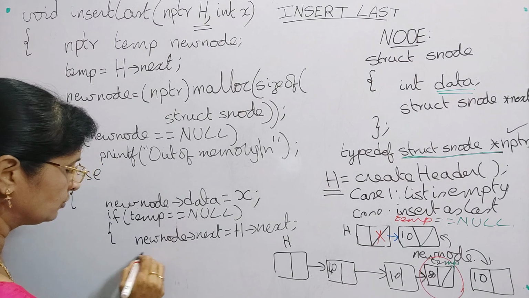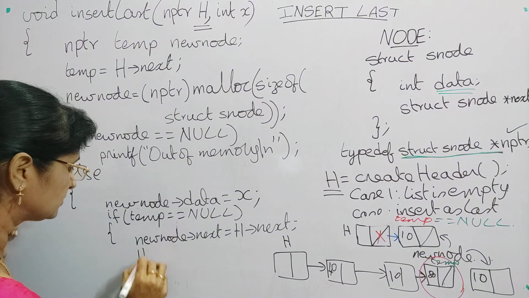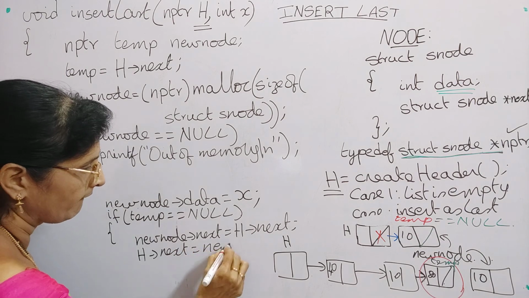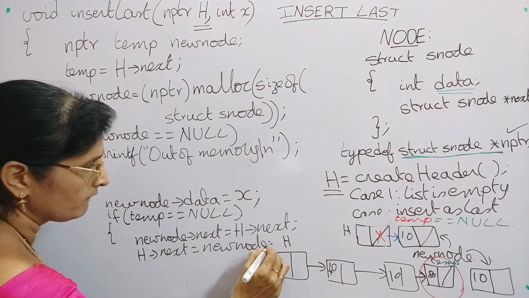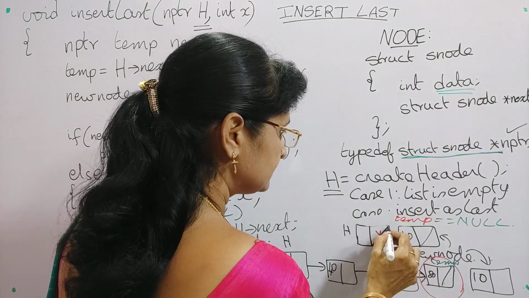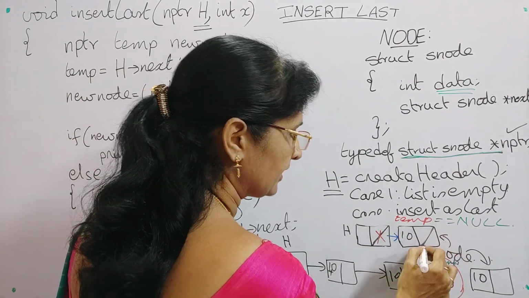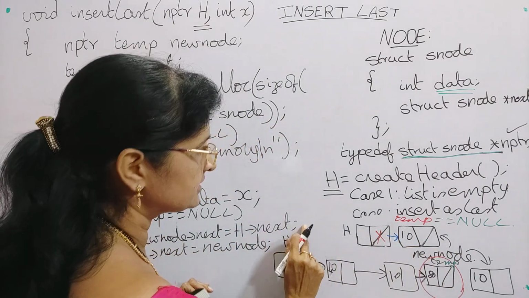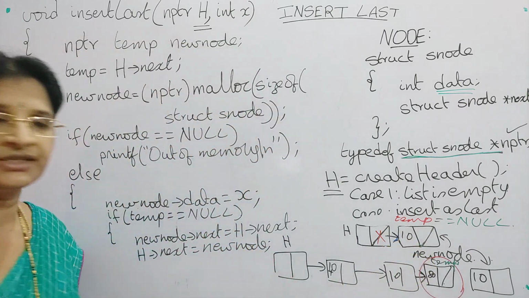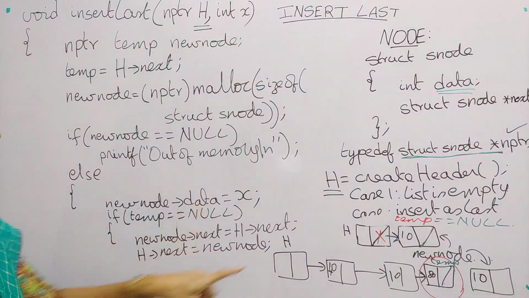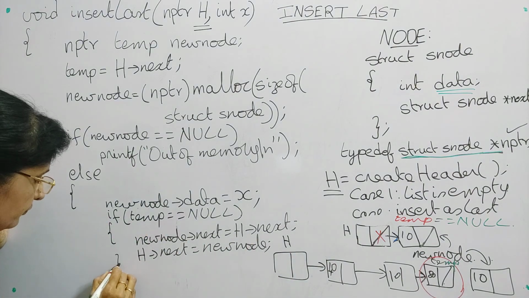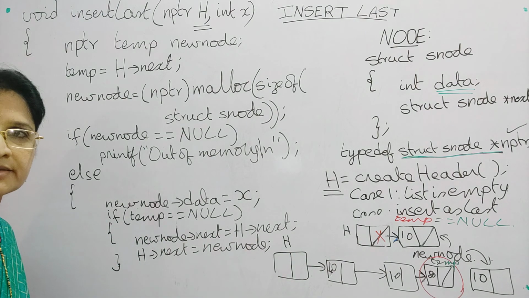And then we can link the hnext to the new node. So now this null is placed here, and next we are placing this link, that is hnext is equal to new node. So did we satisfy the first case? We have satisfied. Now what about the second case?